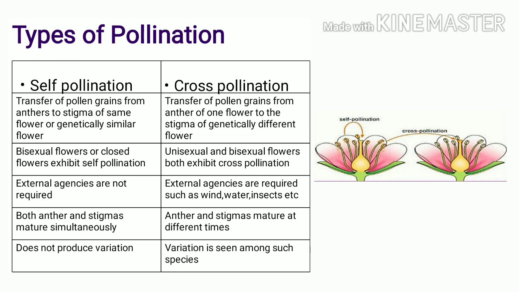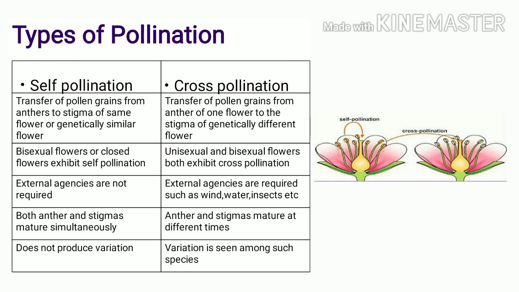Now let's come to the second difference between cross-pollination and self-pollination. Self-pollination is generally seen in bisexual flowers, that means those flowers which have the androecium and gynoecium in the same flower, and sometimes it is seen in unisexual flowers. But cross-pollination can be seen in both unisexual as well as bisexual flowers.